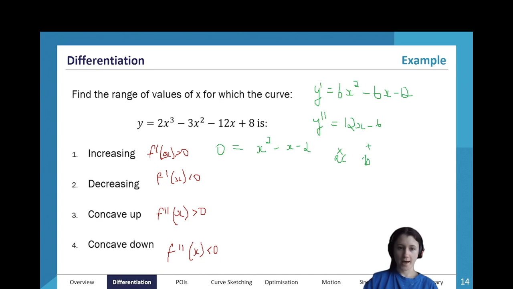So a is 1, the coefficient of x squared, c is negative 2, so our number here is negative 2, b is negative 1 here. So all we need is numbers that multiply together to equal negative 2 and add together to equal negative 1.